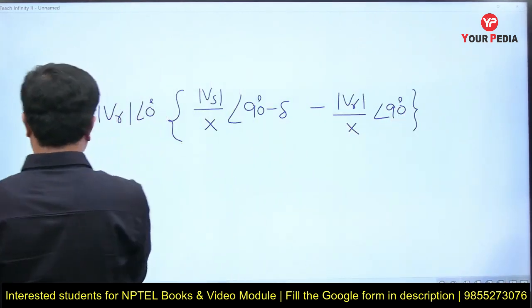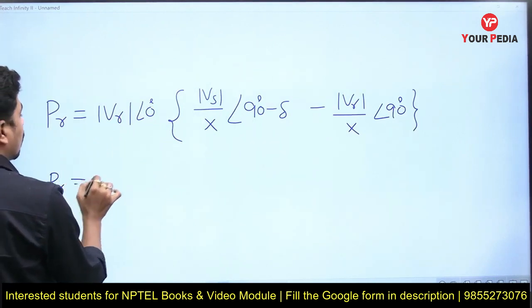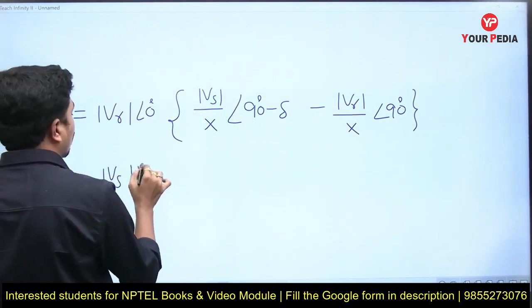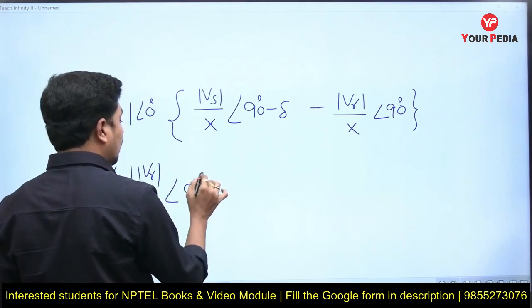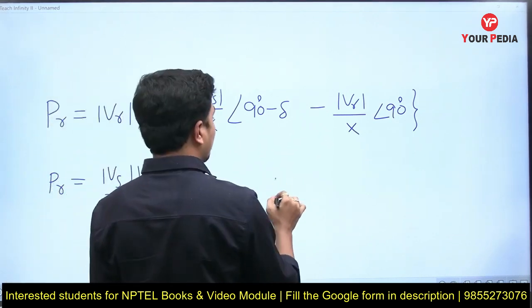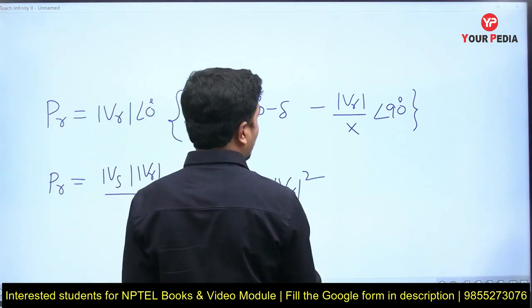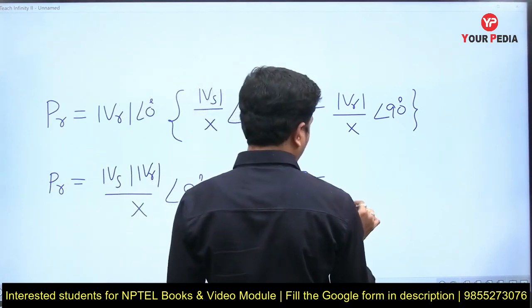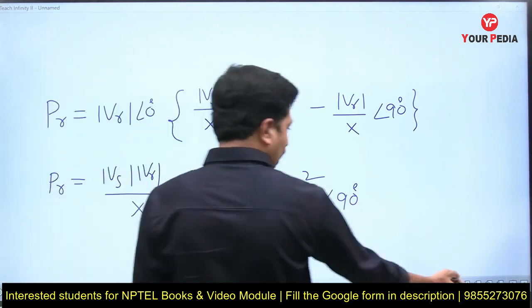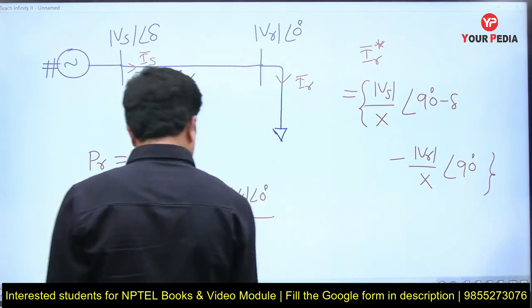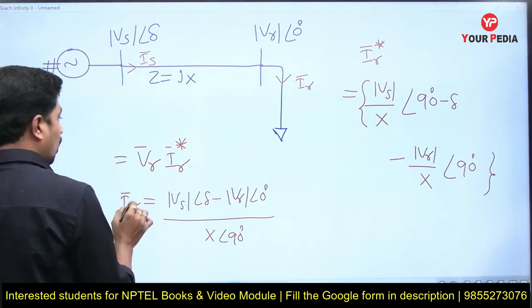Yes. Now let's write PR. PR is equal to mod Vs mod VR by X at an angle of 90 minus delta minus mod VR square by X at an angle of 90 degrees. Now, not this is PR. Sorry, I wrote wrong here. This is SR, not PR.